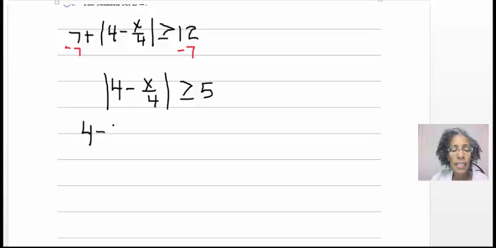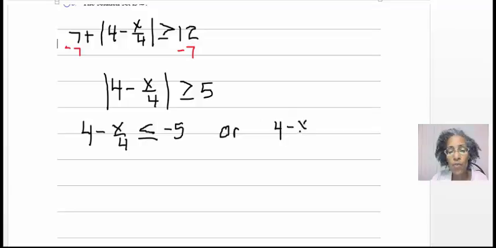So (4 minus x) over 4 is left of negative 5, which means it could be negative 5, which means it's less than or equal to negative 5, or (4 minus x) over 4 is greater than or equal to positive 5.